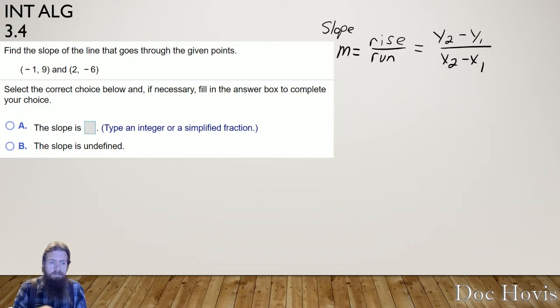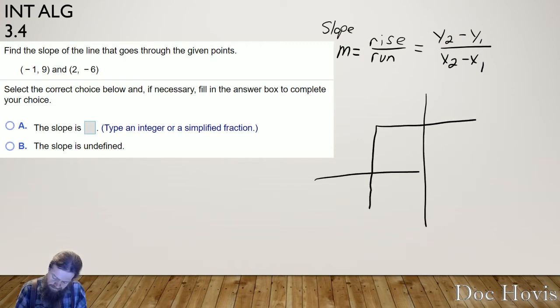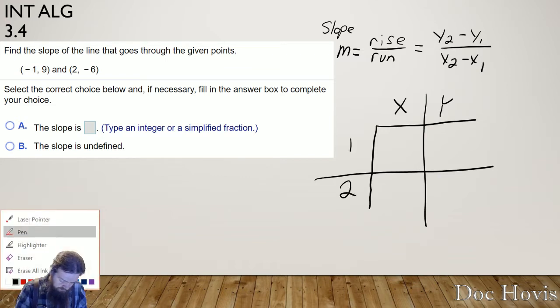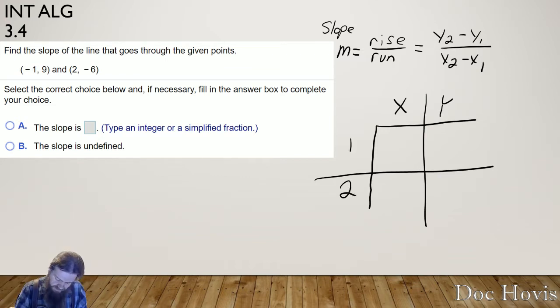Just read it. Find the slope of the line. So we're given 2 points. I do this chart. Some people like it. Some people don't like it. I don't really care if you like it or don't like it. It helps some people. So I'm just going to do this real quick. The last time I did this chart, I screwed it up completely. So the very helpful chart, if you don't actually write it correctly, doesn't help at all.